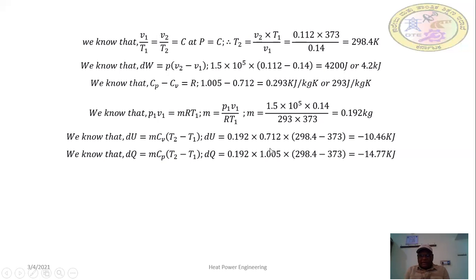After simplification, the value obtained is 14.77 kilojoules. If the internal energy is in the minus, that means the energy of the system stored before is utilized in that process. If the heat supplied is in minus value, the energy stored in the system before the process is also used to do the external work.